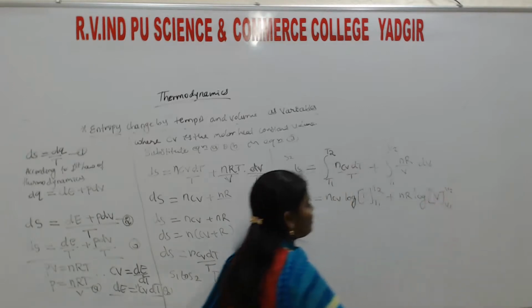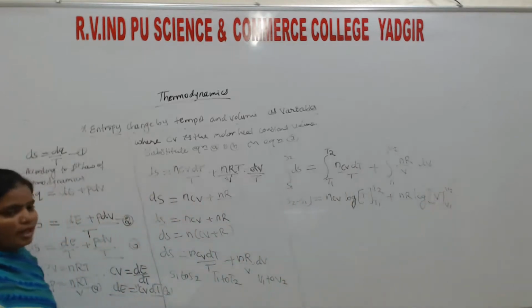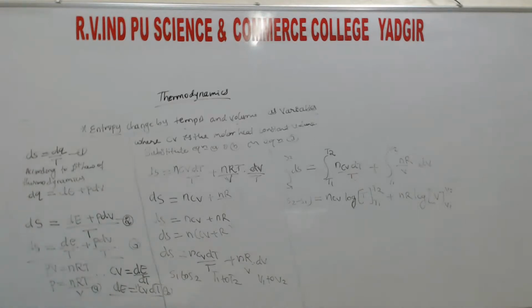You apply the upper limit minus the lower limit.